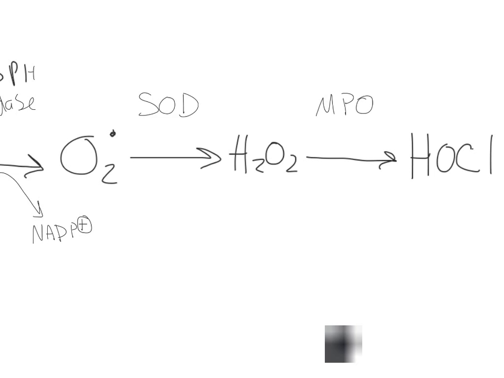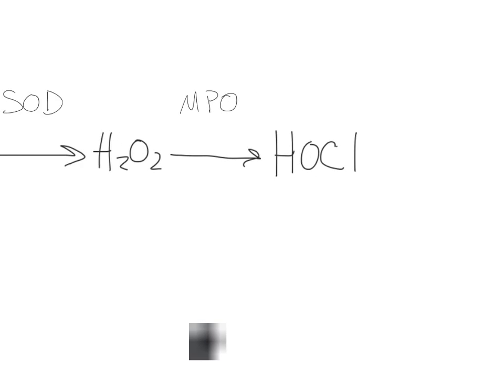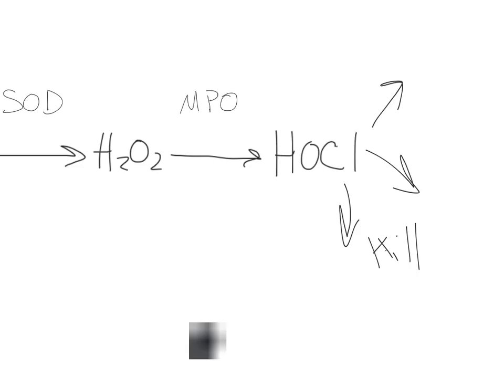And then myeloperoxidase can turn hydrogen peroxide into bleach by adding chlorine. This will then go out and find all the microbes anywhere and everywhere and kill them all. Well, maybe not every microbe, but it'll kill a lot of them.